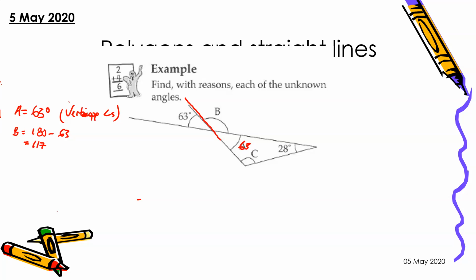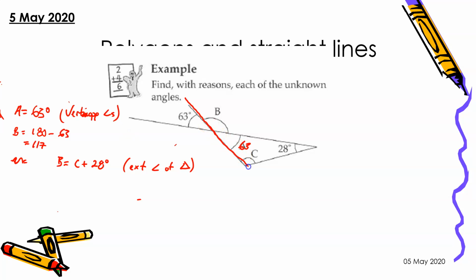So the other option that we've got is looking at C. Now there's a couple of ways you can actually answer this. I'm going to go for the more exotic, which is looking at C plus 28 must be equal to B. So I'll write that out. B must equal C plus 28. And the reason for that is exterior angle of triangle.